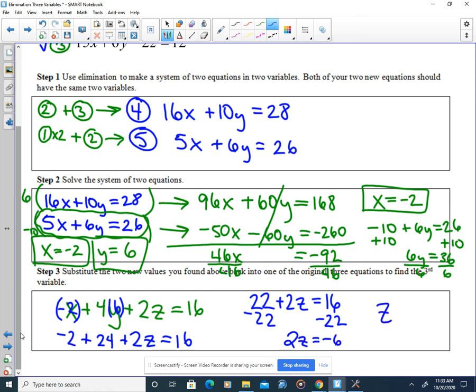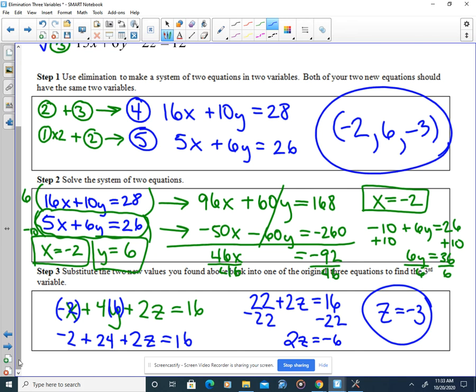So z is -3. And then last step, I want you to write it as an ordered pair. So the solution to this system is the point (-2, 6, -3). That's the solution.